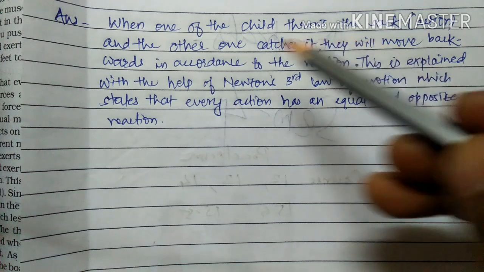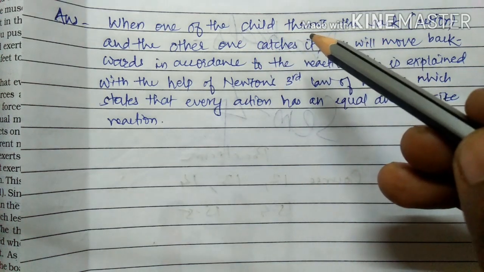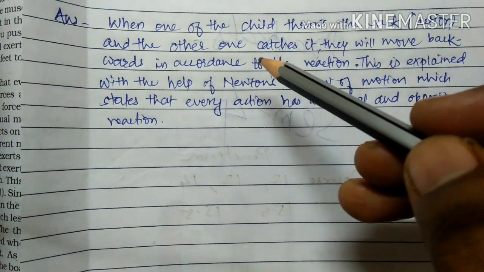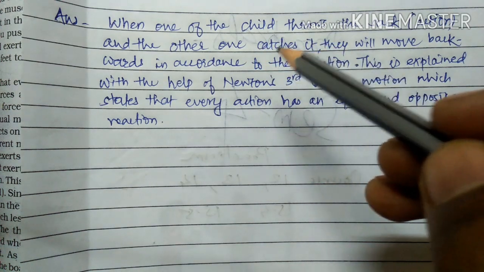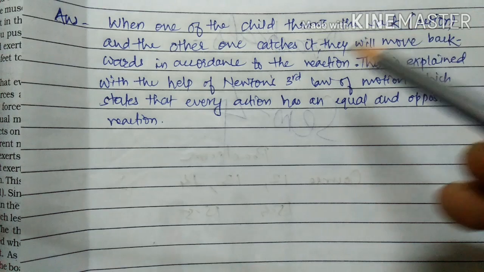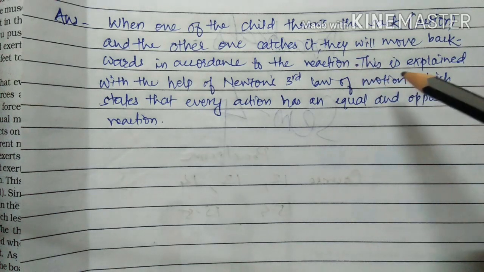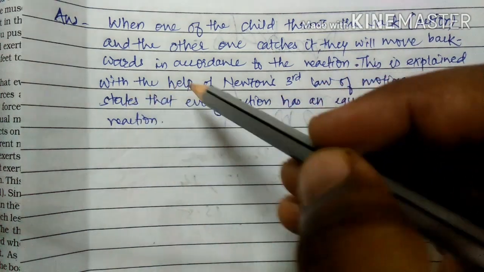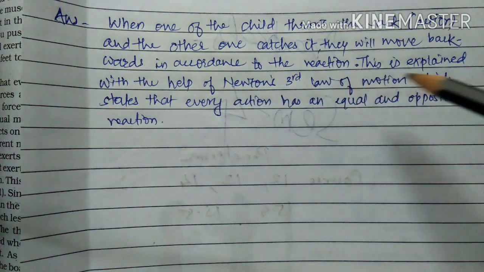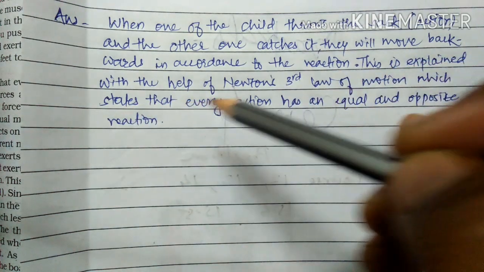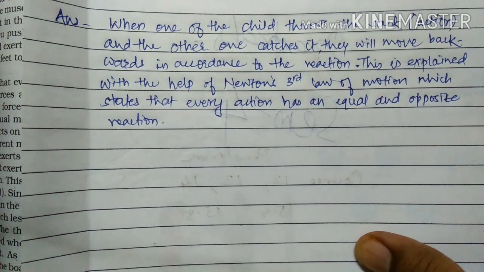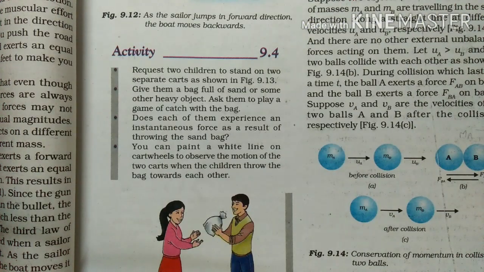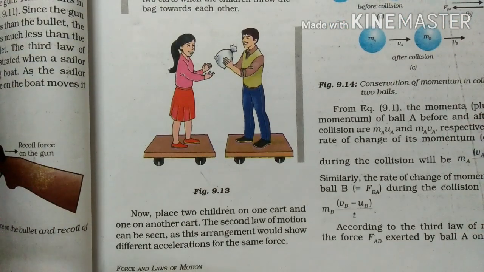What is the action? One child throws the sack towards the other, and the other student catches it and goes backward. This is the reaction. This is explained with the help of Newton's third law of motion, which states that every action has an equal and opposite reaction. Now we will move on to the next part in this chapter.